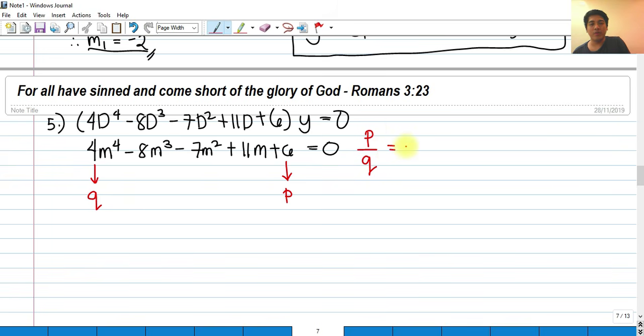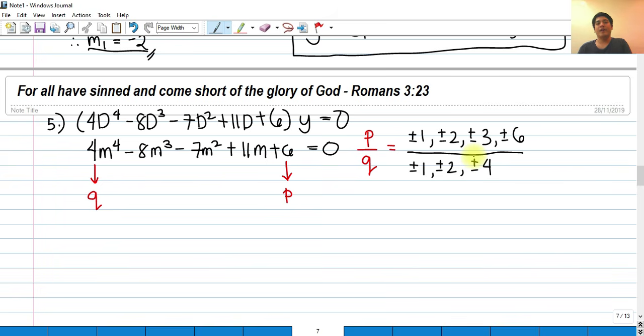The set of all possible roots is the multiples of p over q. So for p, we have positive negative 1, positive negative 2, positive negative 3, positive negative 6, over q, positive negative 1, positive negative 2, positive negative 4. So you have to take all of this and pick.